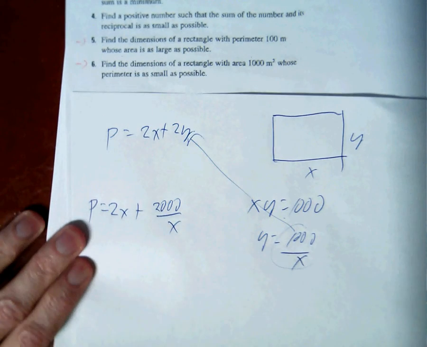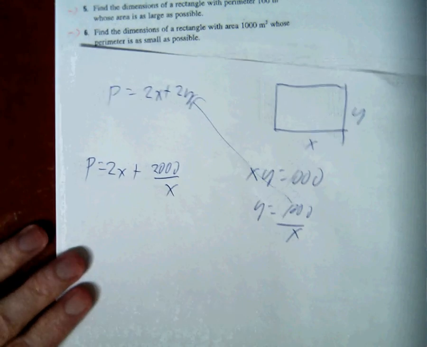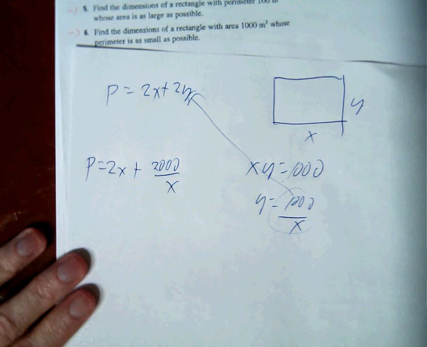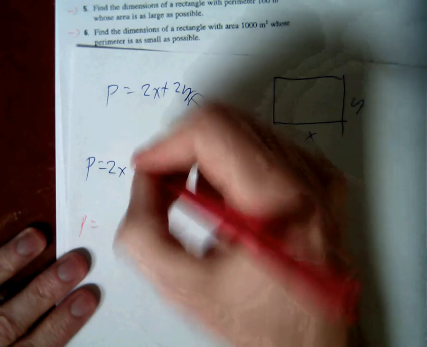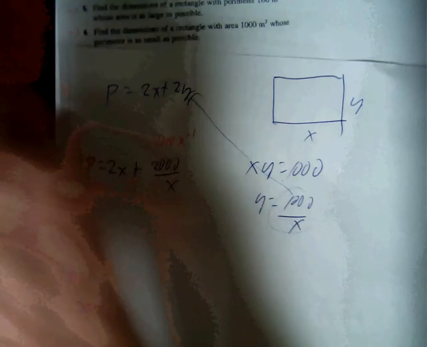All right. So now, do the same thing I did before. I've got to take the derivative. So I'm probably going to rewrite this and say this is 2,000 times x to the negative 1.